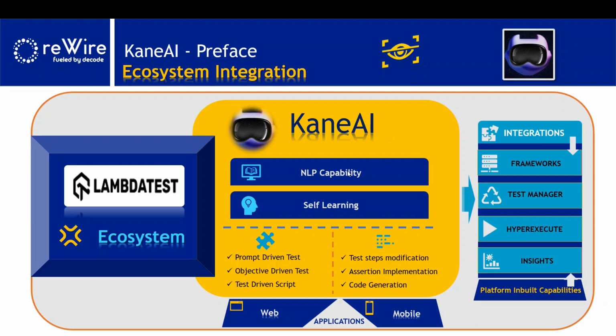It takes the inputs in natural language format, processes them and executes the relevant commands needed to complete the respective objective. So that is the first capability. For any AI system, NLP capability is the core and main point, and from that point the journey will start.